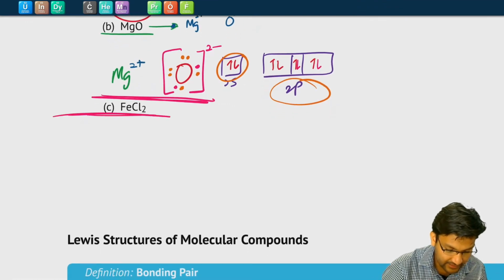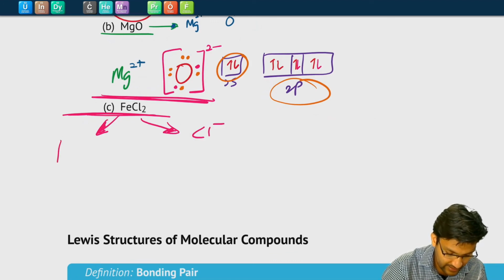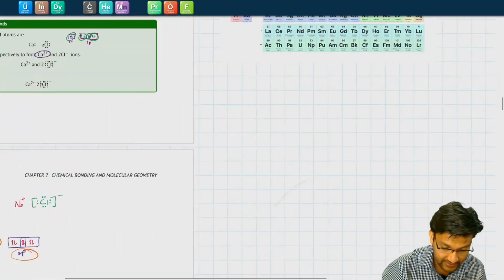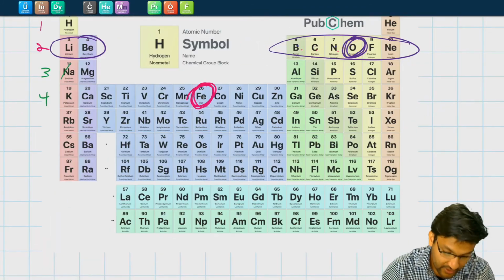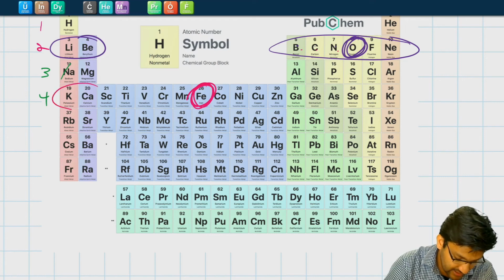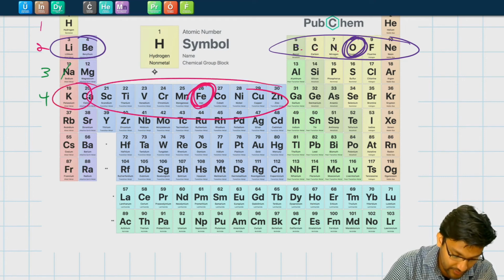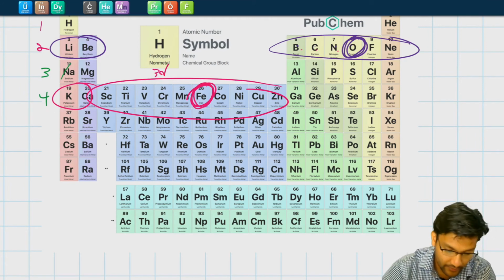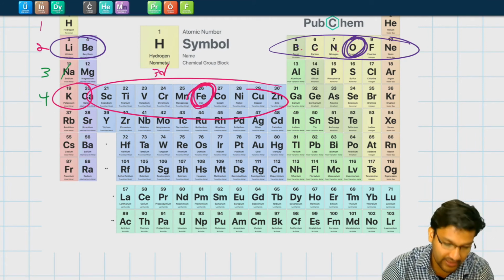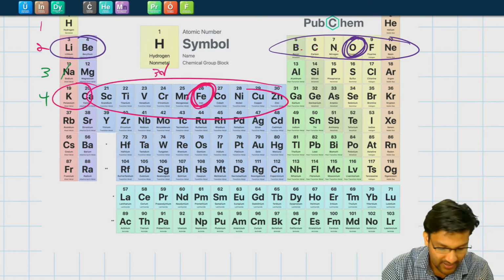Finally, let's do FeCl2. We know that the chlorides have a charge of 1-, which means that since there are 2 of them, the iron has a charge of 2+. Let's look at iron, because iron can be tricky. We know that iron will have electrons in its 4s and 3d subshells. Remember, our valence electrons are only in the outermost n value.